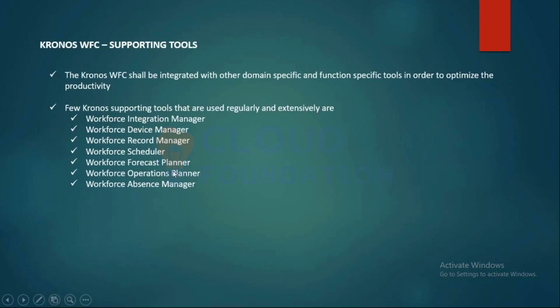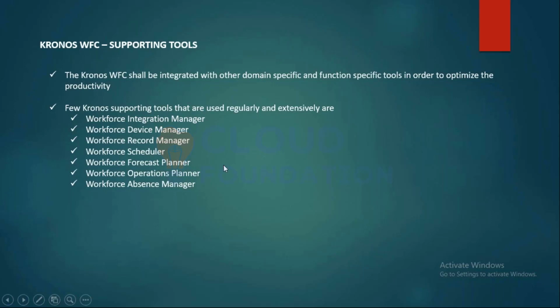So these are the products that are available in the suite. Workforce Integration Manager is shortly called WIM, and WIM is the interfacing tool that's going to either get data from inside of Kronos to a different system, or get data into Kronos from an outside system.